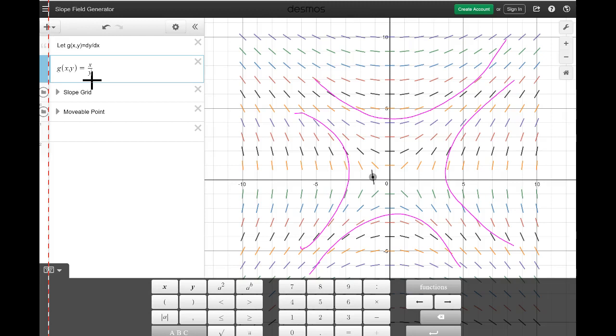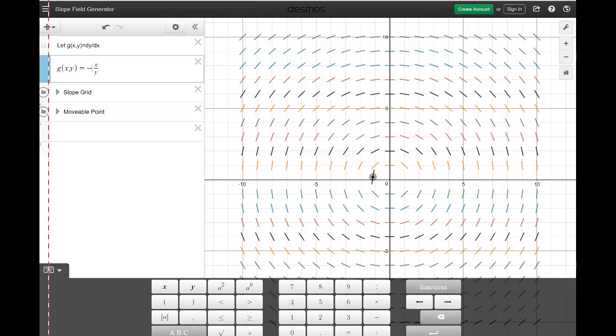Want to do it again? We'll do one more. So erase that. Let's look at something pretty similar to this one, except let's make that a negative x over y. I forgot Desmos is so fast. I was thinking you might want to guess what this is going to look like.